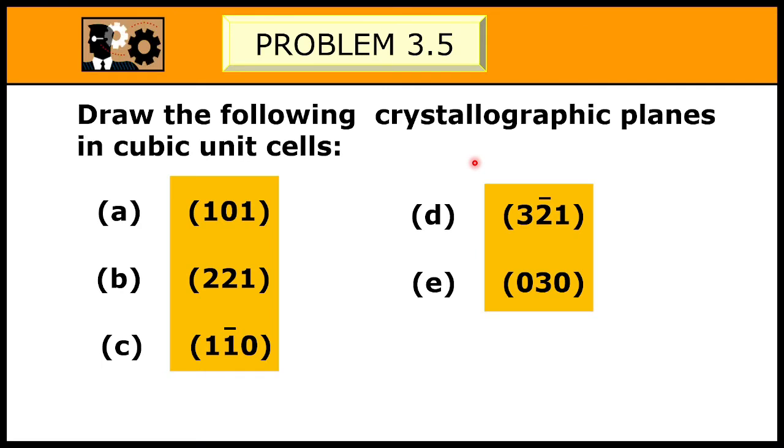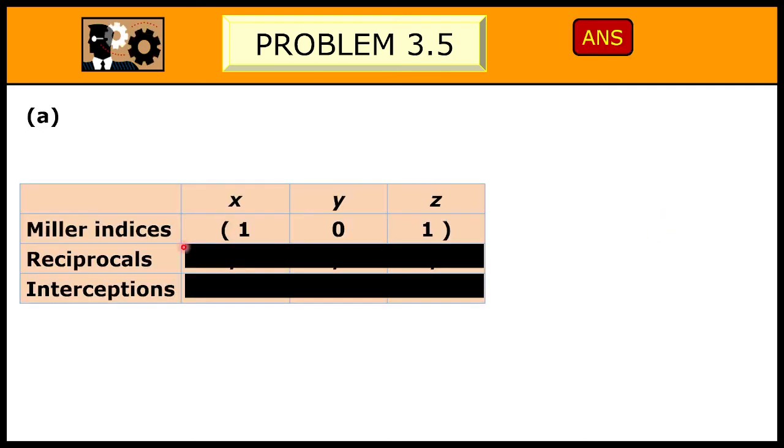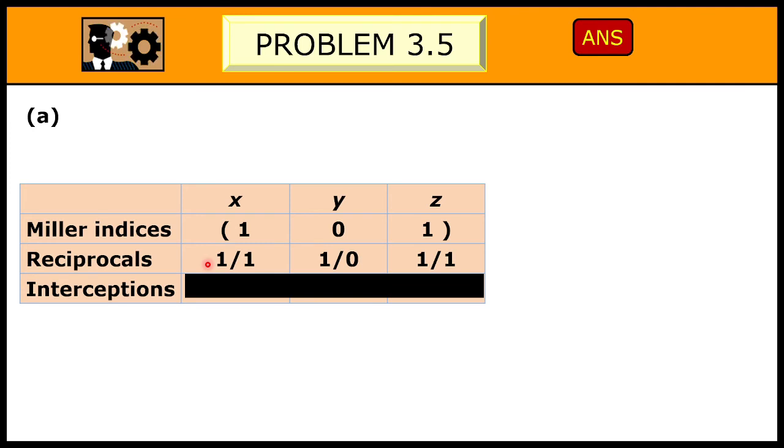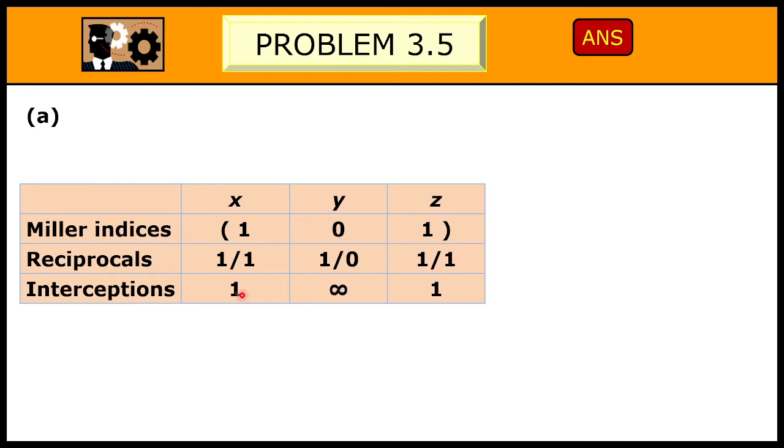Okay, draw the following crystallographic planes in a cubic unit cell: 101, 221, 111, -1 0 3, -2 1 0, 3 0. We go to the first example, 101. The steps are easy. First, find the reciprocal: 1 over 1 for x, 1 over 0 for y, and 1 over 1 for z. So it intercepts the x direction at point 1.